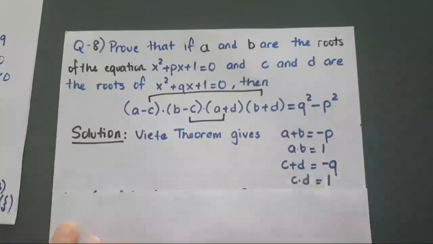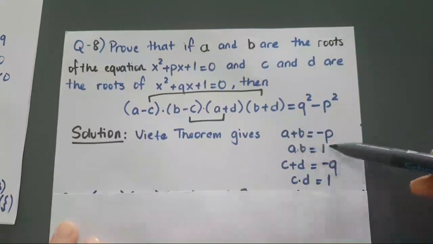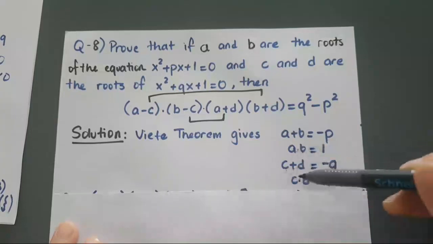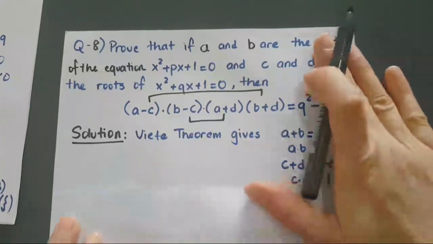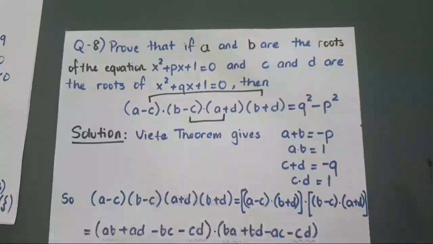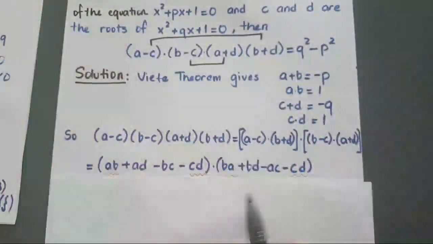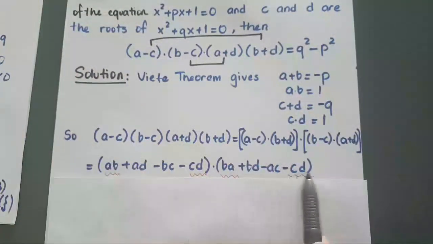First, I have written here what I have from the theorem. A plus B is minus P, A times B is 1, C plus D is negative Q, and C times D is 1. And when I group them, like first and the fourth, second and the third, we will get this. When I multiply AB plus AD minus BC minus CD times BA plus BD minus AC minus CD, can you see it? Yeah.